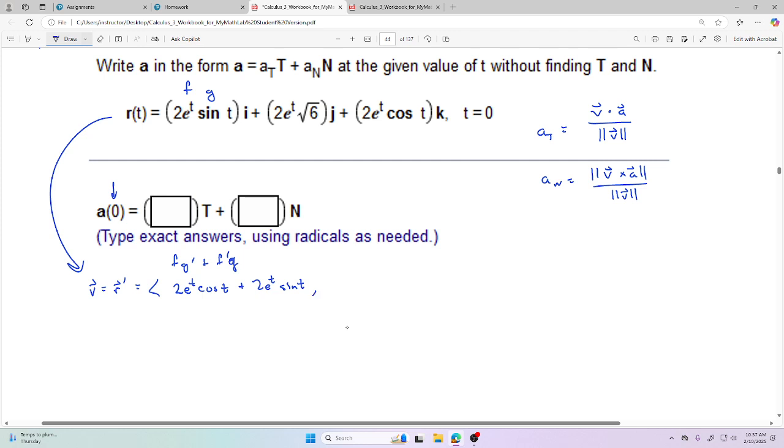Derivative over here. Wouldn't that just be 2e to the t square root 6? Yeah, no changes. Very good. And the last one? James is waiting for y'all.